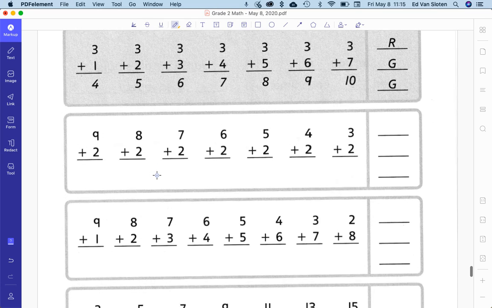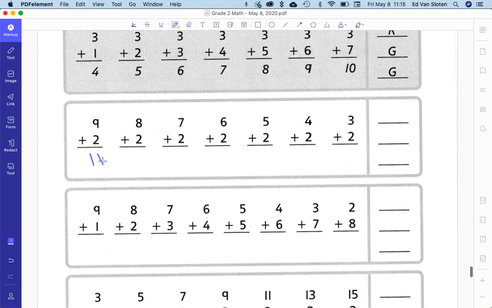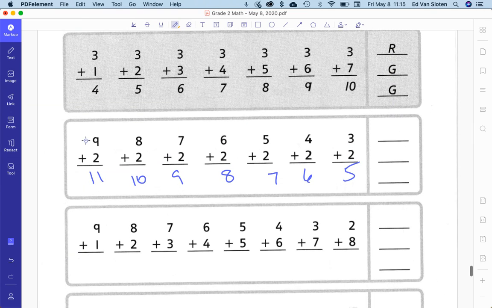Okay. 11, 10, 9, 8, 7, 6, 5. Why do they want, oh, they want me to look. Here, 9, 8, 7, 6, 5, 4, 3. That's shrinking along the top.